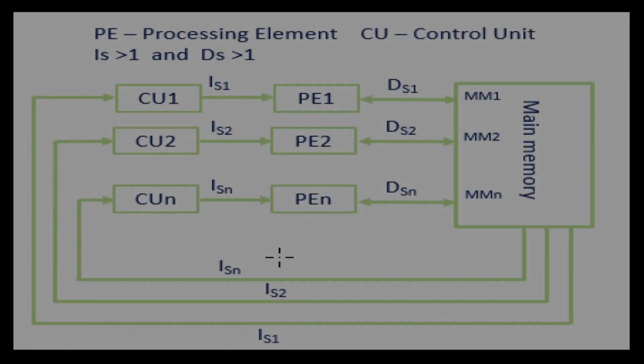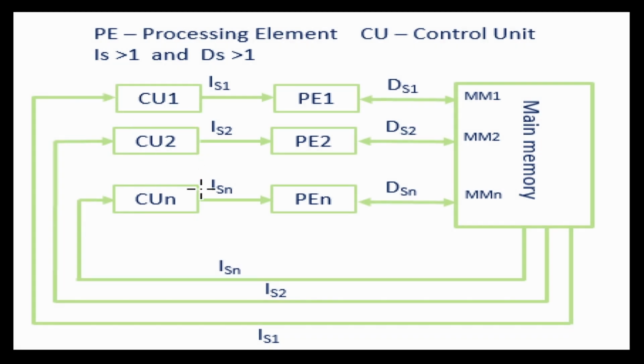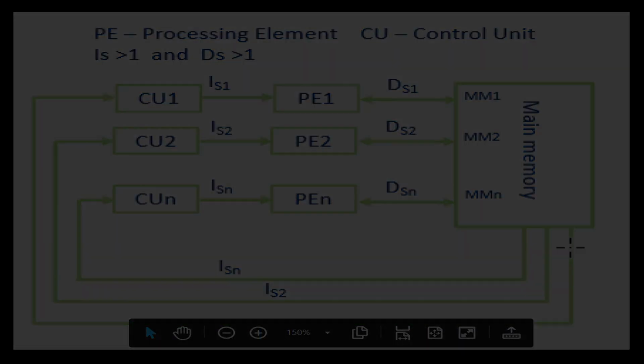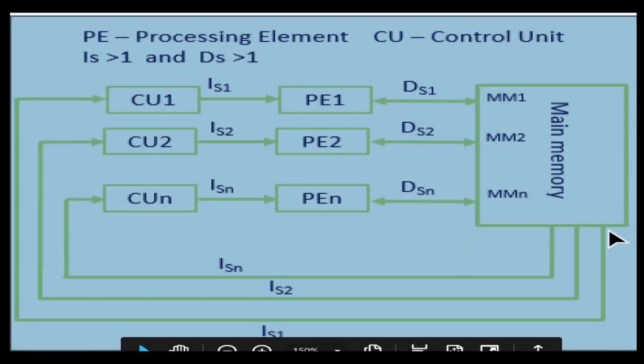Next one is multiple instruction, multiple data. See, whenever you are having multiple instructions, control units will be multiple. Many control units will be there. So for each control unit, one instruction will be provided. You see this, from here to here, it is going: one instruction to this control unit, one instruction to this control unit, then the nth instruction is going to the nth control unit.